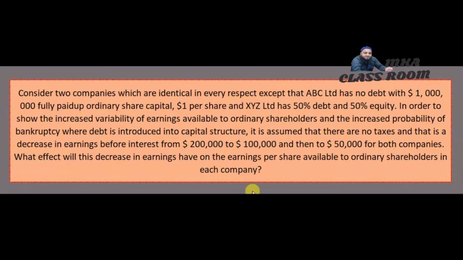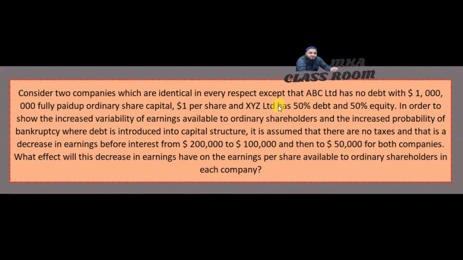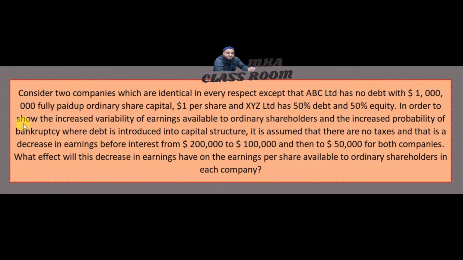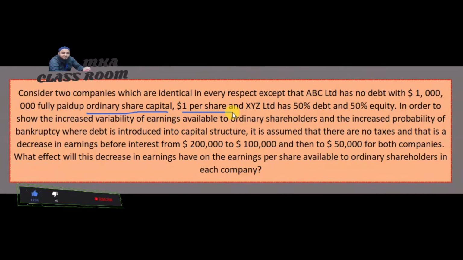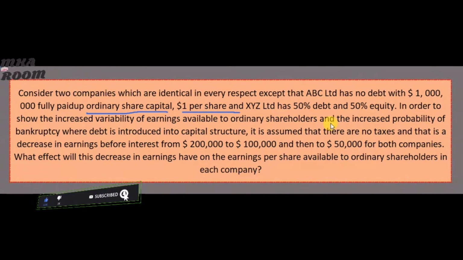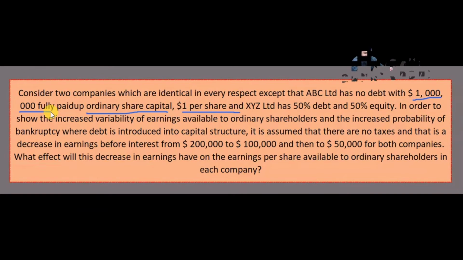So here we will see ABC company has no debt with 10 lakh fully paid up ordinary share capital, $1 per share. That means it has 10 lakh shares outstanding for ordinary shareholders. On the other hand, XYZ has 50% debt and 50% equity.